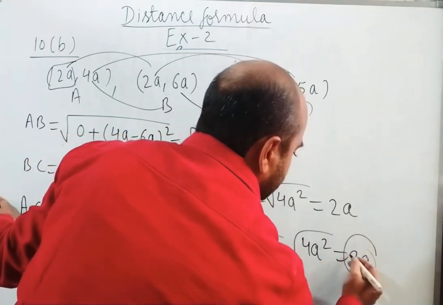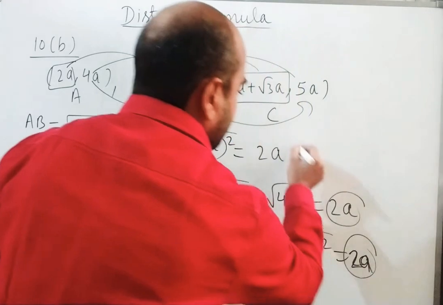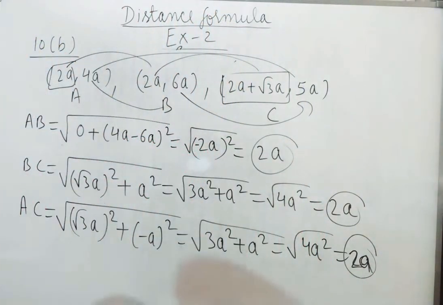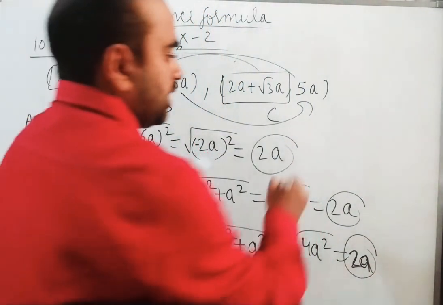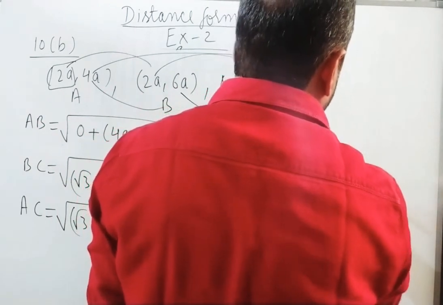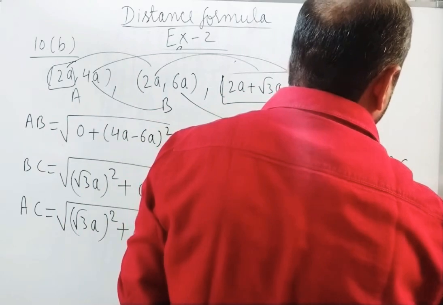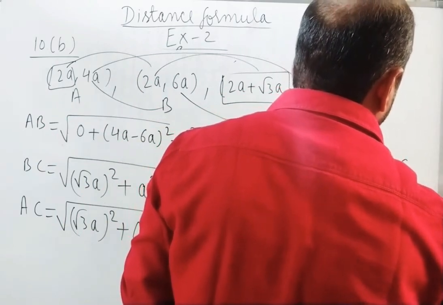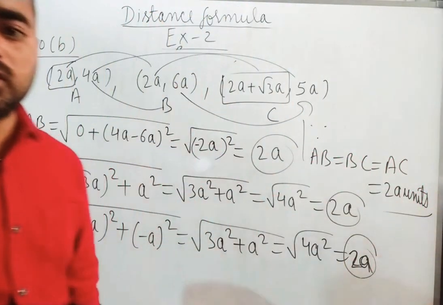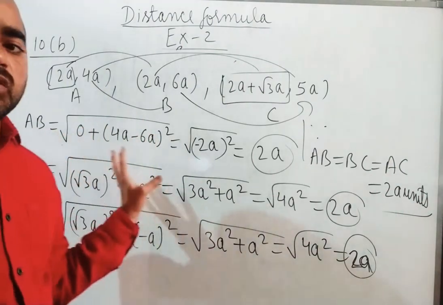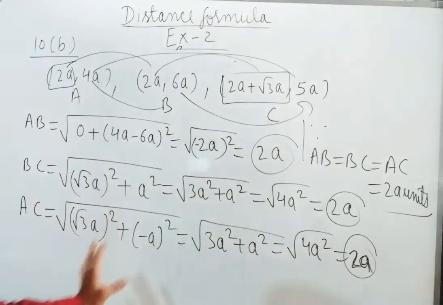So we can see all the distances, all the sides are 2a units. Therefore it is an equilateral triangle. Reason is, since AB, BC and AC all are 2a units, therefore these are the vertices of the equilateral triangle.